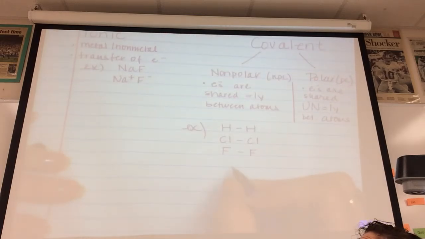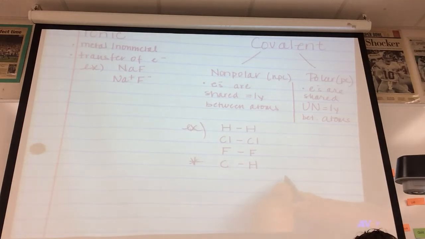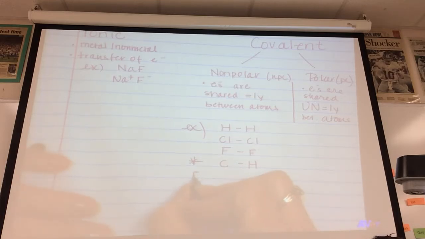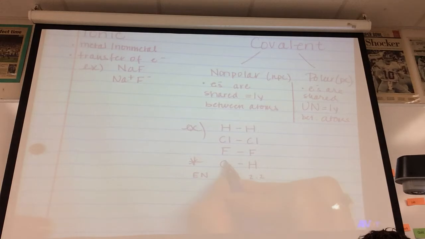But you also find that, and a good one to know is C to H. These are going to have very small differences in electronegativity. For example, carbon's 2.5, hydrogen's 2.2 for a difference of 0.3. Typically, an electronegativity difference less than 0.5 is going to be nonpolar covalent. They're not going to give you values. The one I would absolutely memorize, these are obvious because they're the same.